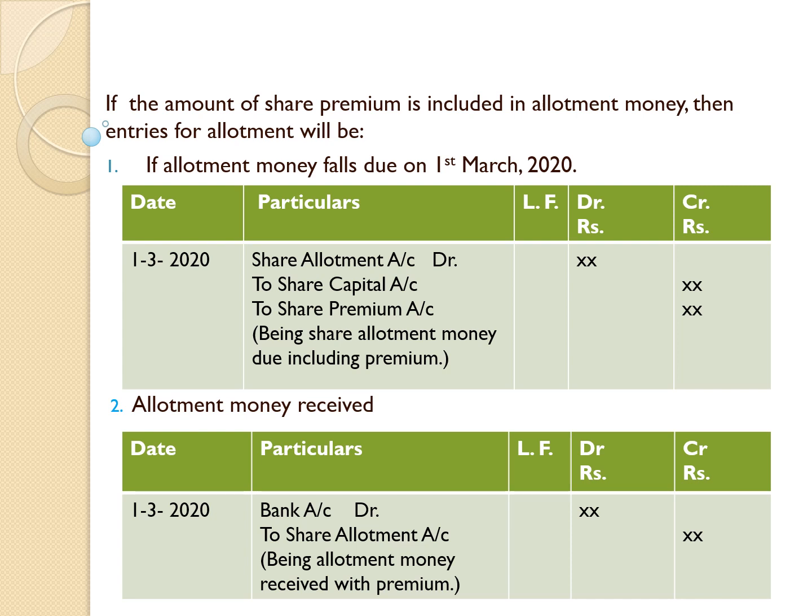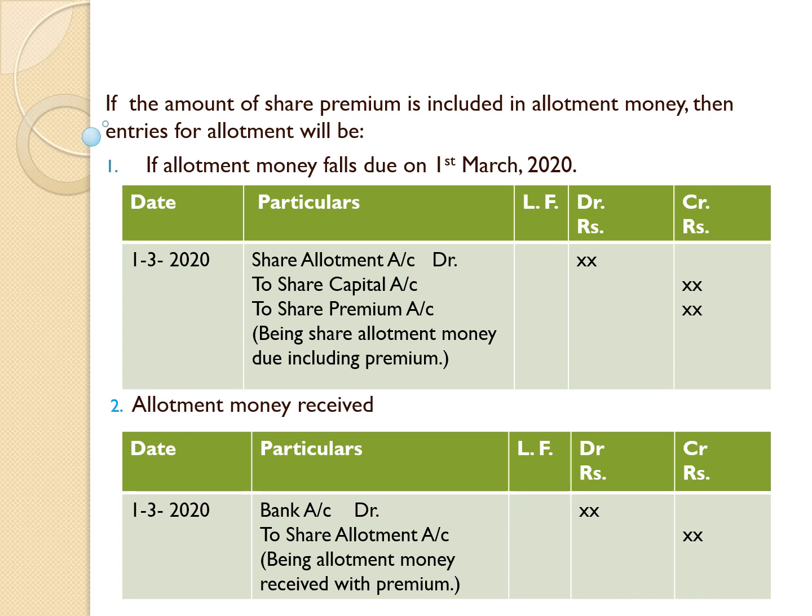If allotment money falls due, suppose we are taking here a date 1st March 2020. In this case, the entry of allotment money due is to be recorded as, in the date column, the date will be recorded 1st March 2020. When allotment money falls due, share allotment account debit.